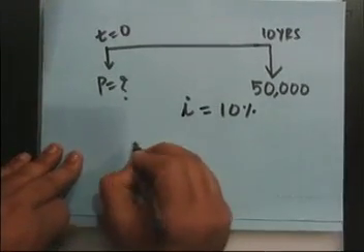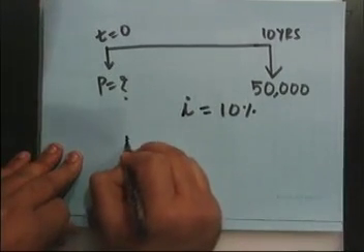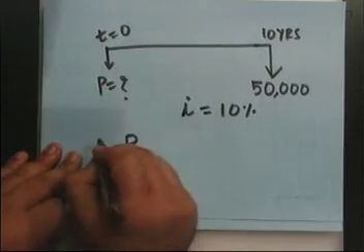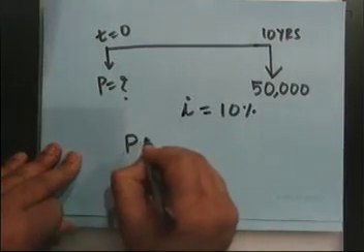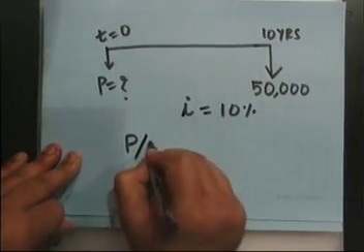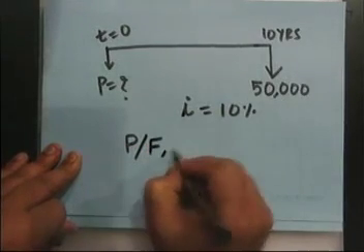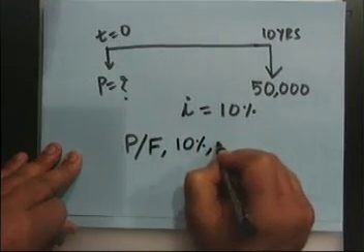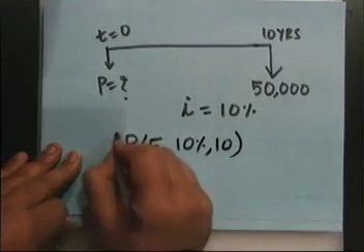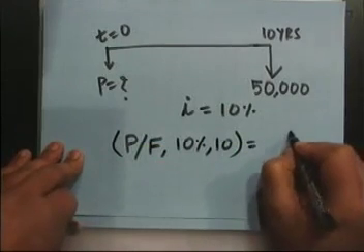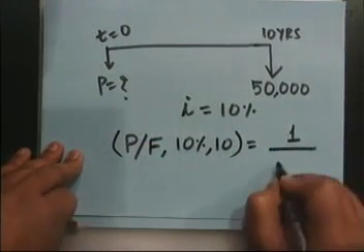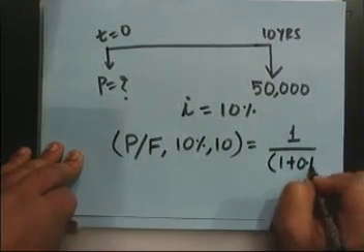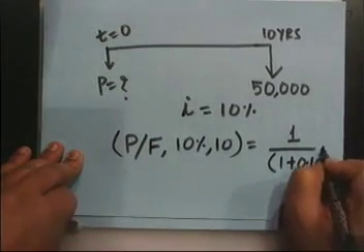If you refer to the formula, it is just the reverse. That means we are interested in finding P and we are given F. So, we write P given F at an interest rate of 10% for 10 years, which would be given by 1 upon (1 + 0.10) raised to power 10.